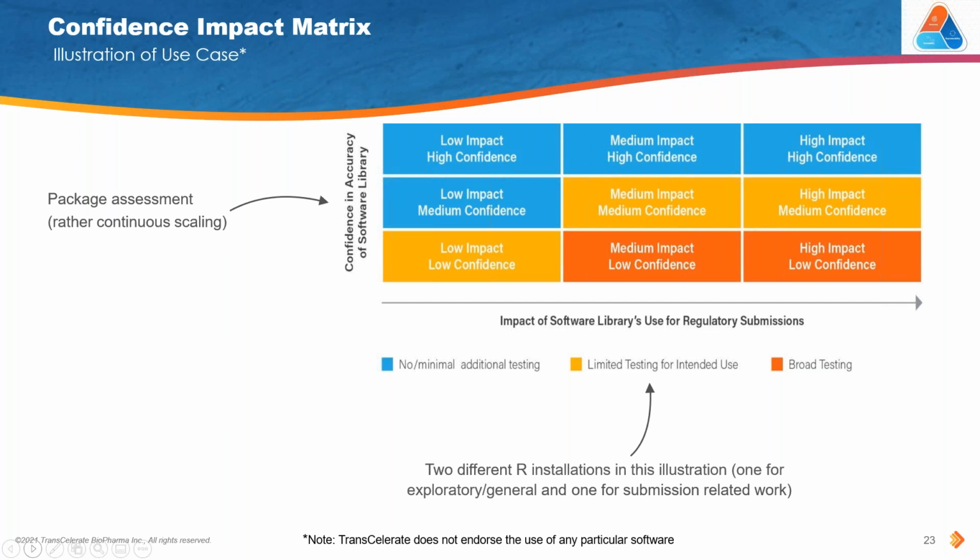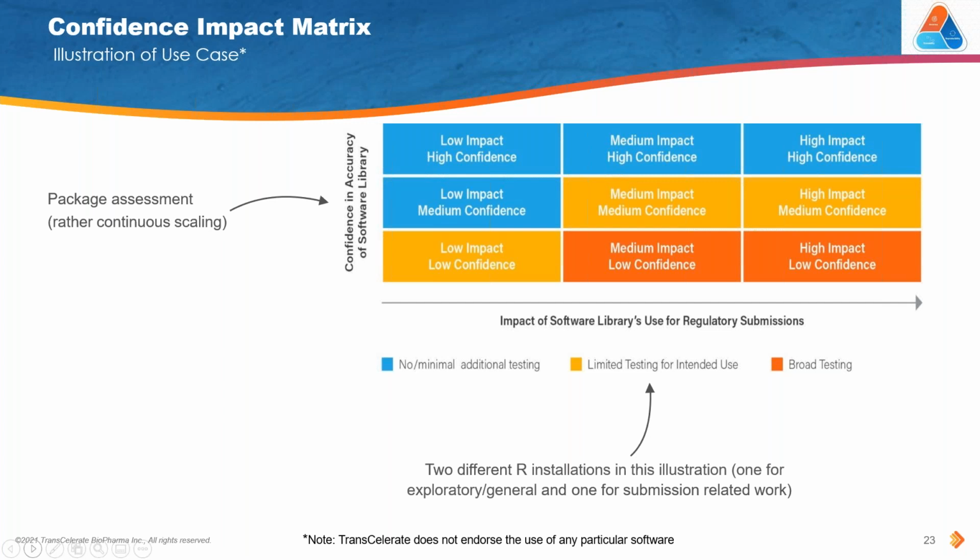Any additional use, for example, for decision-making or regulatory submission, would require testing of different levels depending on its intended use. And in the use case I'm showing you, two different types of R installations were set up. One is for exploratory general use, and the other is for submission-related work.